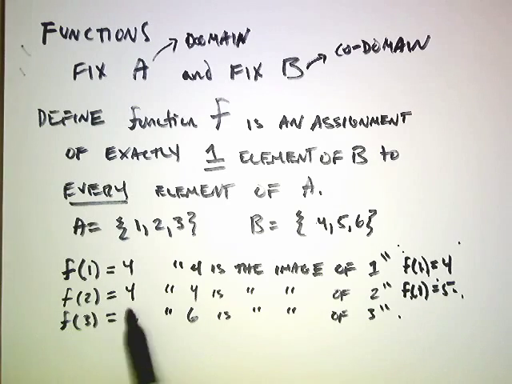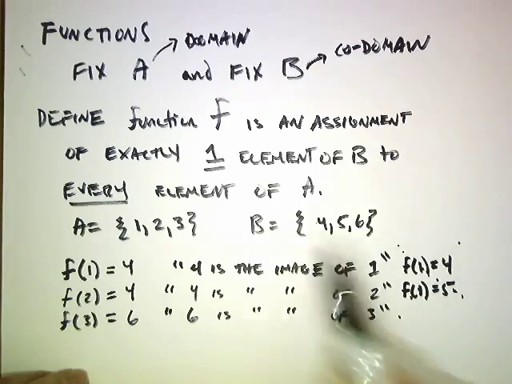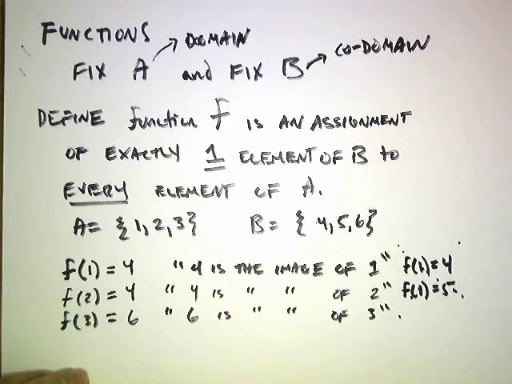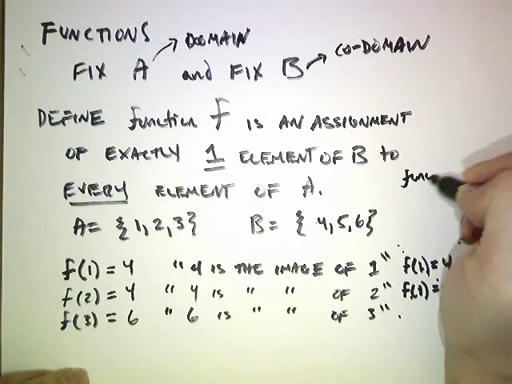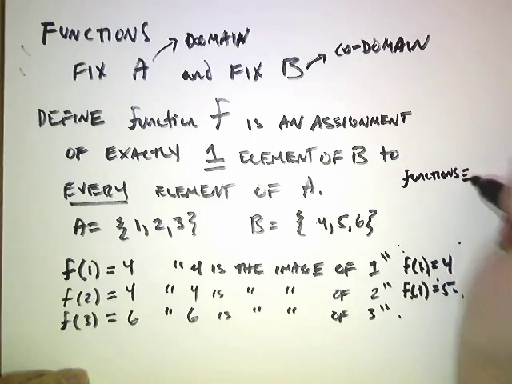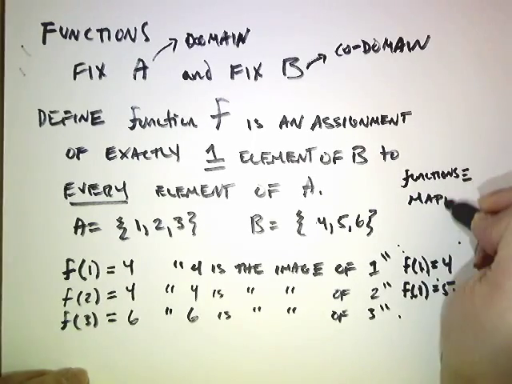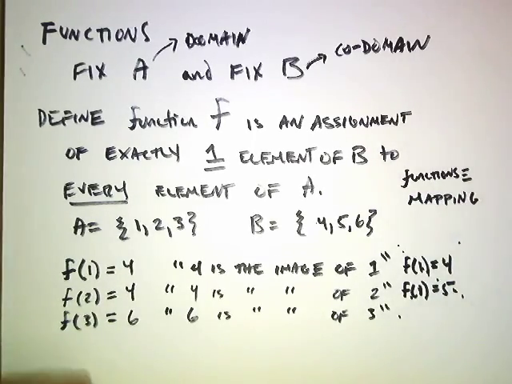Notice that 5 was not mapped to by this function. That's okay, it doesn't have to be. Since I've used the word map, functions are also called mappings. So if I say f is a mapping, it means the same thing as saying that f is a function.